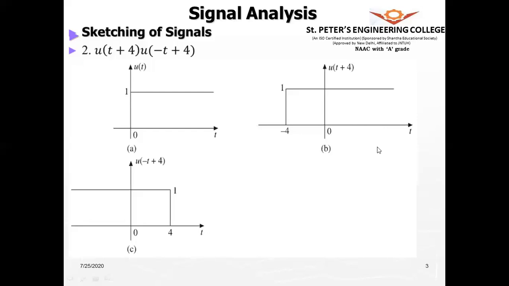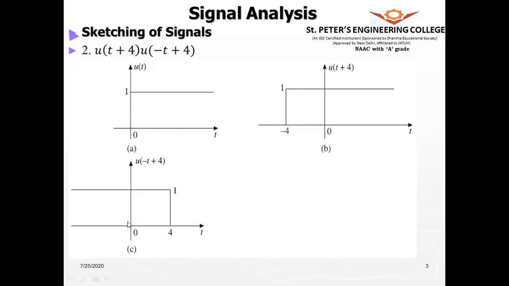So if you take a product of this in this region, let us say this is plus 4 point. So here the amplitude is plus 1, but here the amplitude is 0. So 1 into 0 will be 0. So the product of these two signals will be 0 for time greater than plus 4.